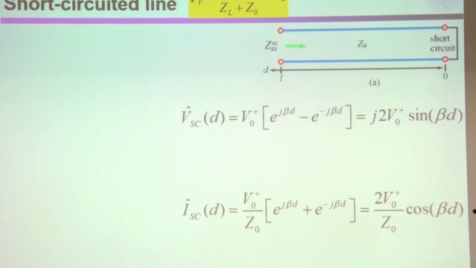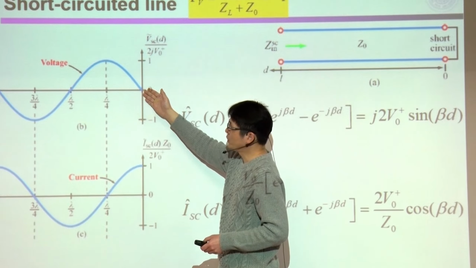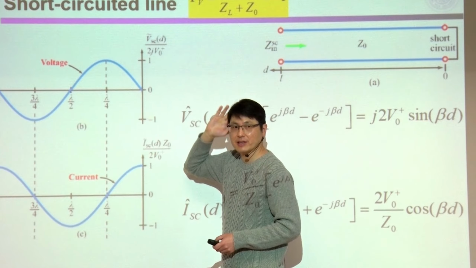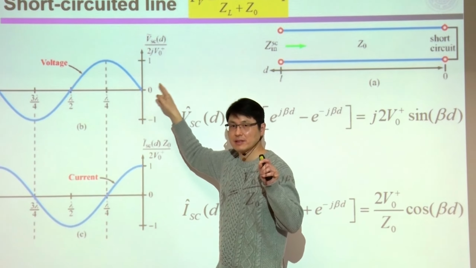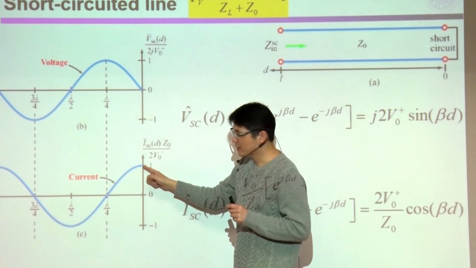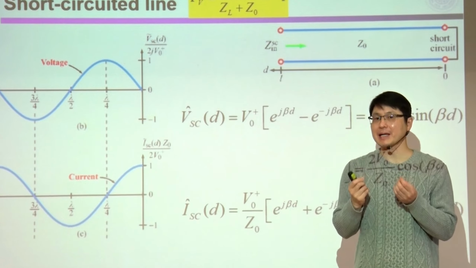So even though at the termination you short circuit the transmission line, you don't allow voltage, it will be 0 forever. That point cannot have a voltage value other than 0. But the current is actually picking up its maximum value.